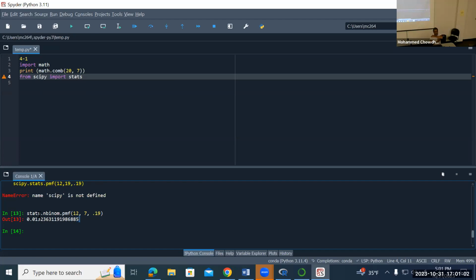That you can compute manually. But for binomial and negative binomial, there is one line of code. If by reading the question you understand that your problem is a binomial problem or a negative binomial problem, then if you use this code, it is easy.